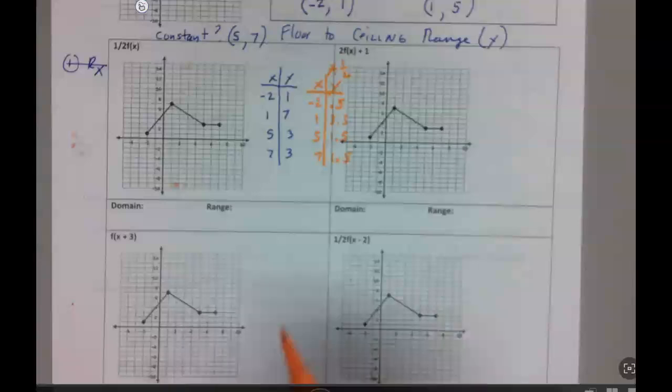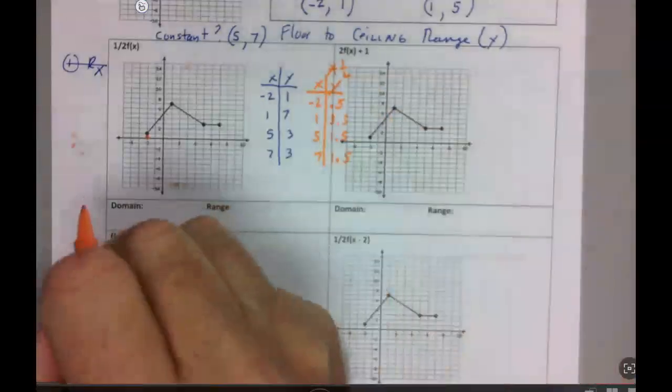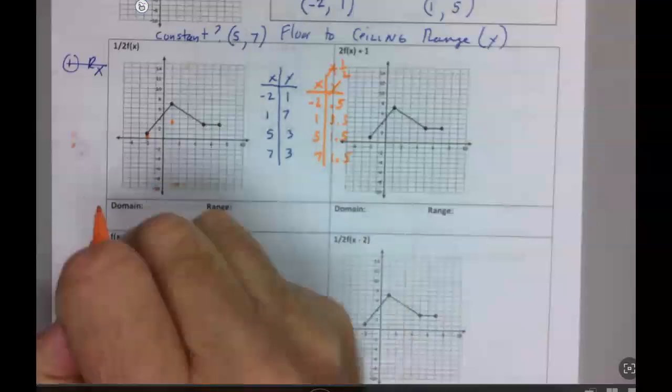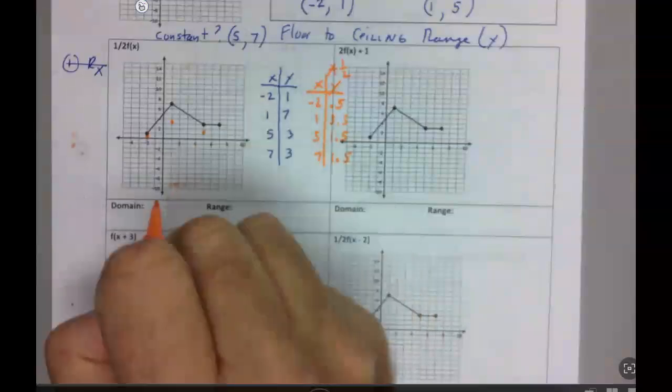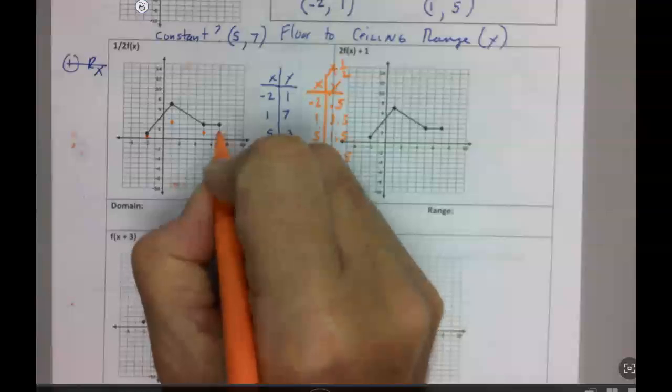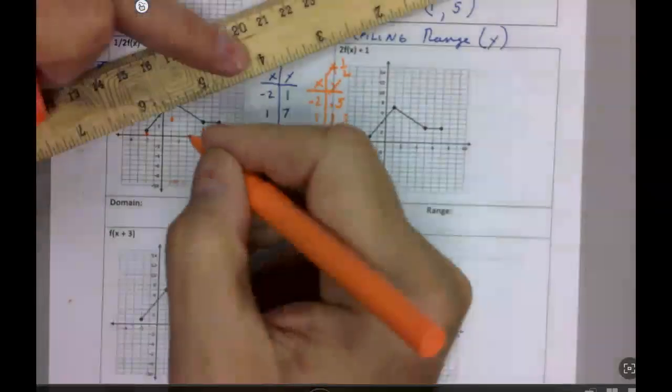Yes. So let's graph it. Negative 2, 0.5. 1, 3.5. 5, 1.5. 7, 1.5. Now you can use your ruler and draw your points together if you want.